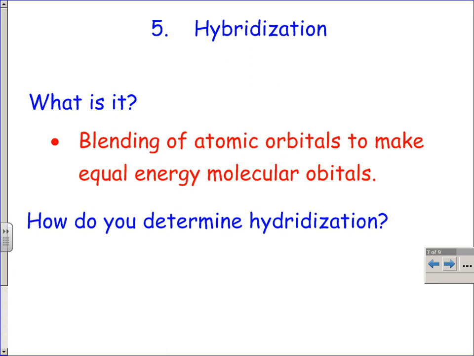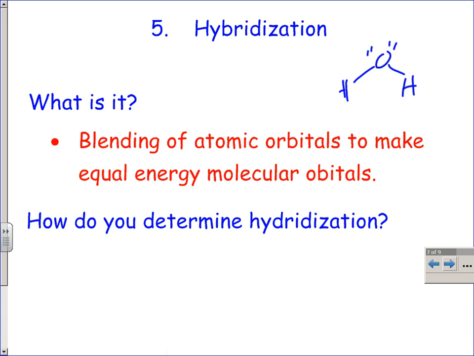The basic idea behind this is if we have something like water, which is H2O, in H2O we have 4 electron domains. And all 4 of those new electron regions have to be equal in energy. So how would that come about?